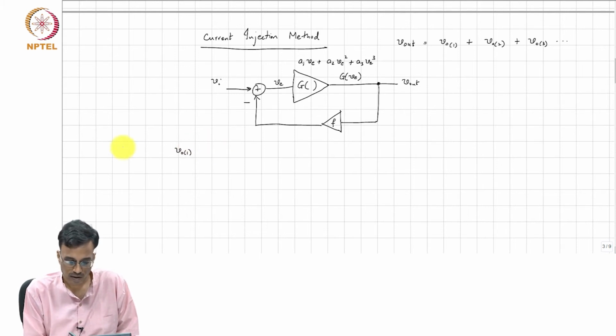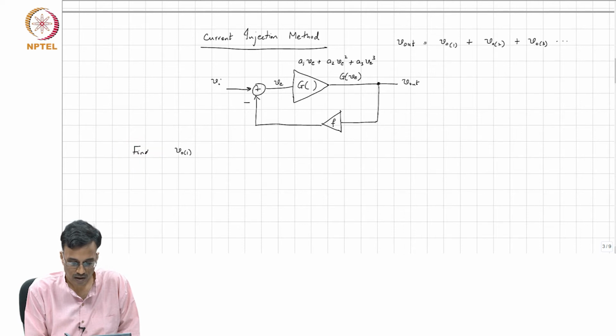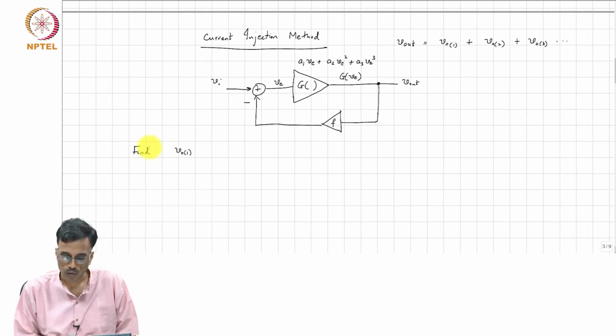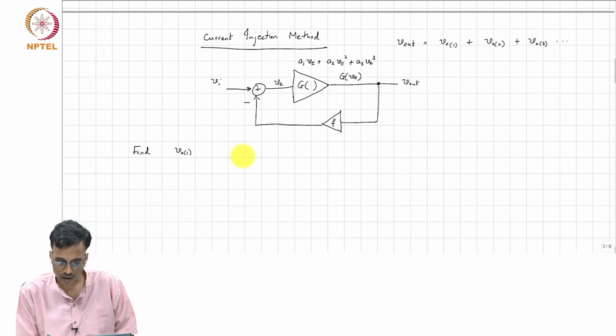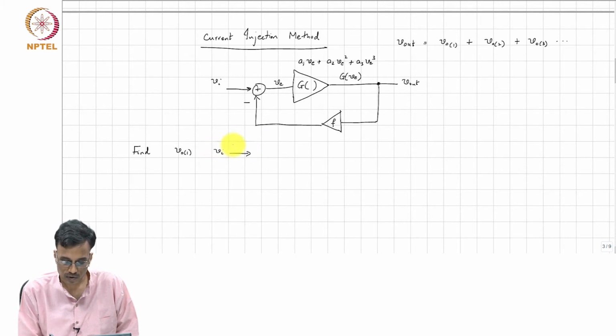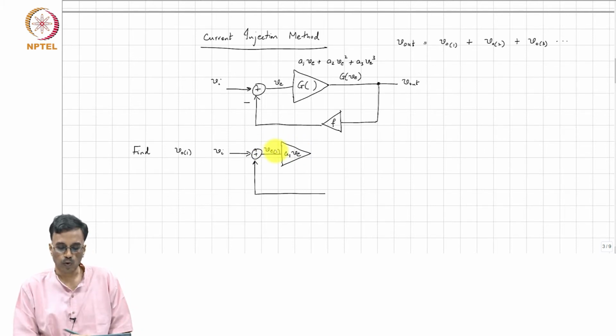So, to find VO1, what we will do is consider only the linear term. So, this is the A1 VE, right. This VE in this circuit is also VE1, right.